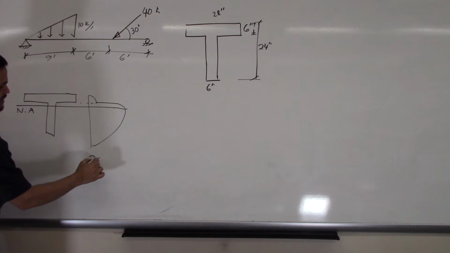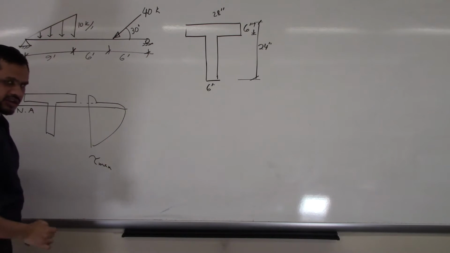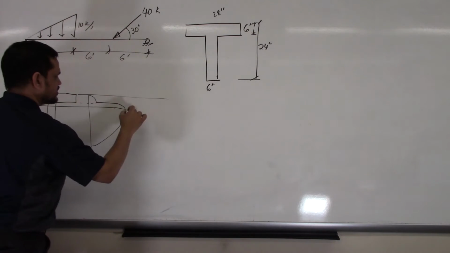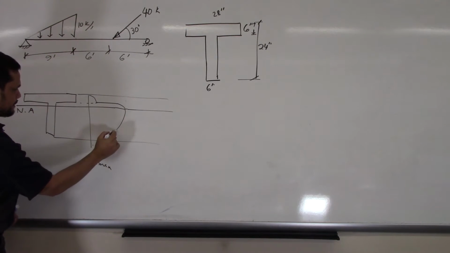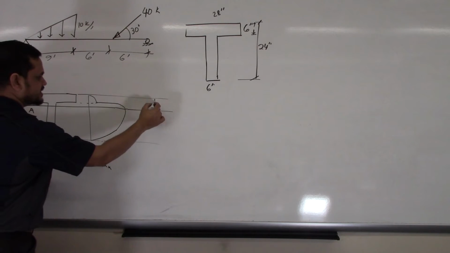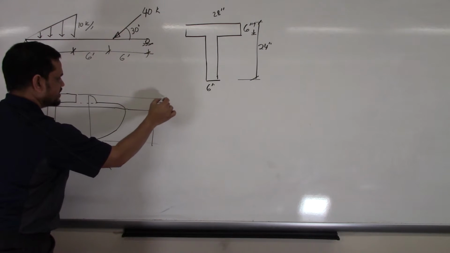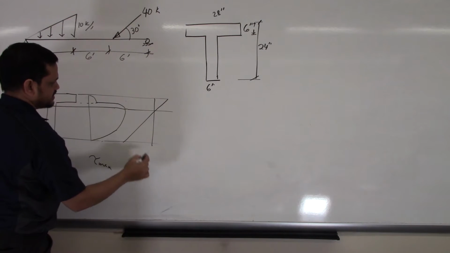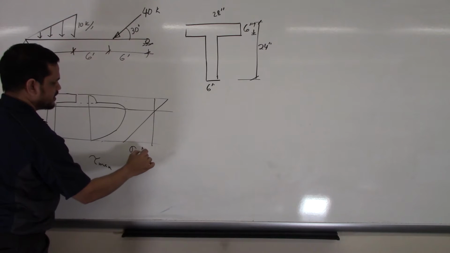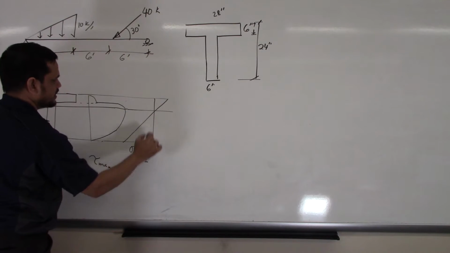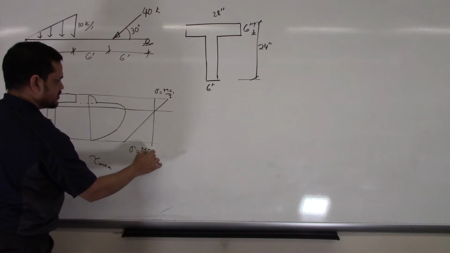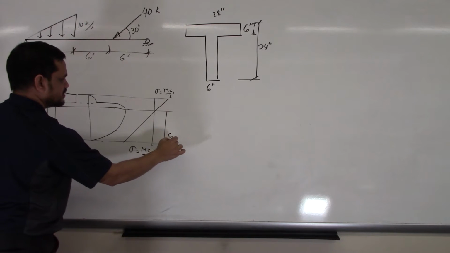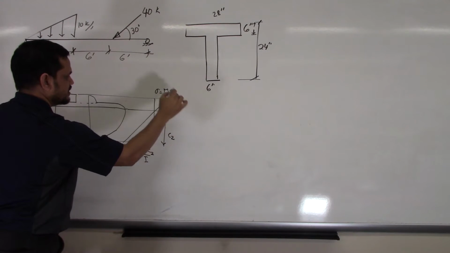The maximum bending stress diagram is roughly this, where sigma is MC over I. Here to here is C2, and here is C1.